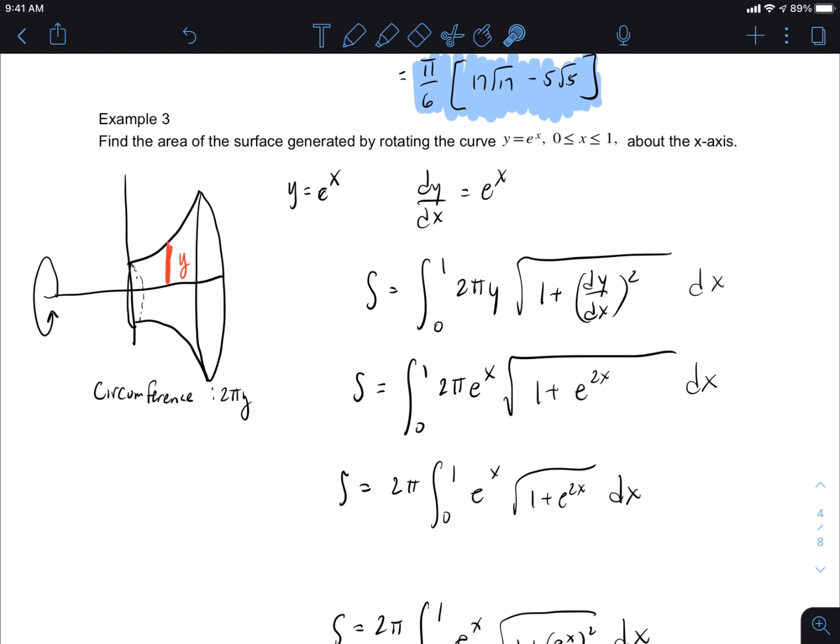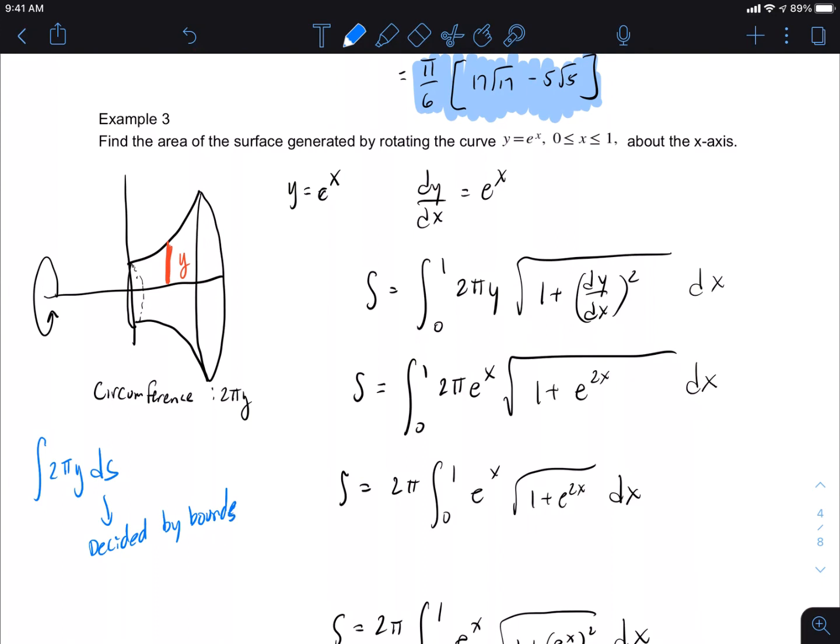So when we set up the problem, I'll do it in a different color just so you guys can see, it should be 2 pi y, that's our circumference, ds. And then we need to remember that our ds is decided by our bounds.